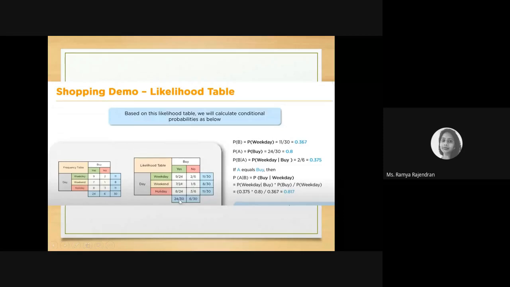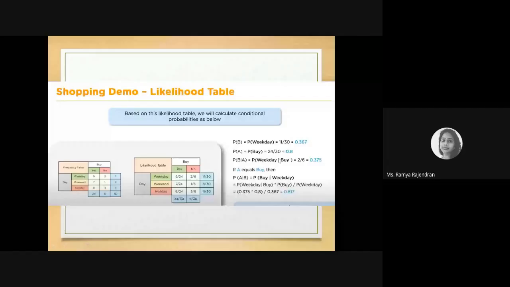So P of A is 0. If you substitute this value, it becomes 0 divided by 0.036, which becomes 0. Your conditional probability cannot be 0, right? So to avoid that, you just add one to each of the categories so that you avoid this 0.